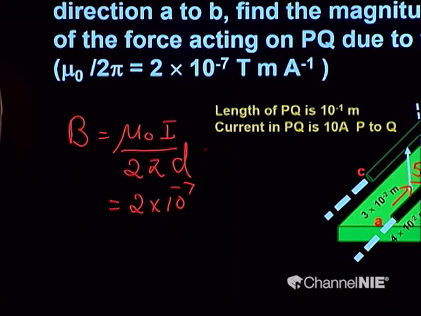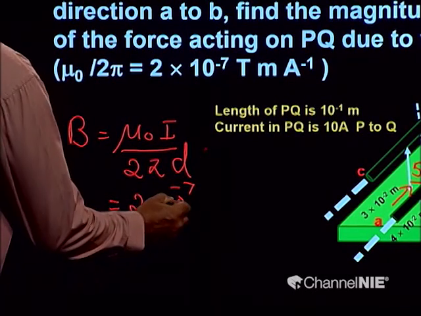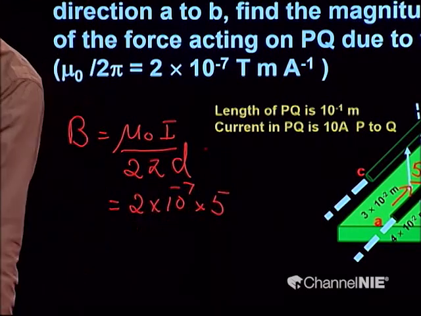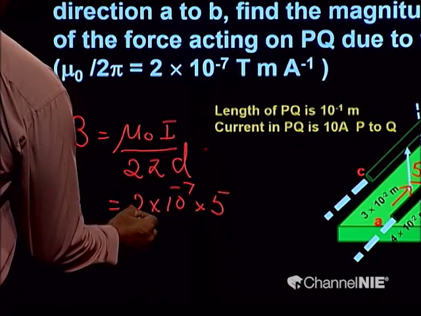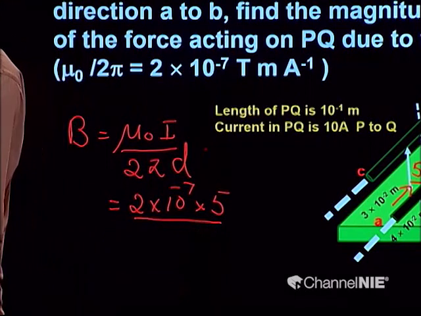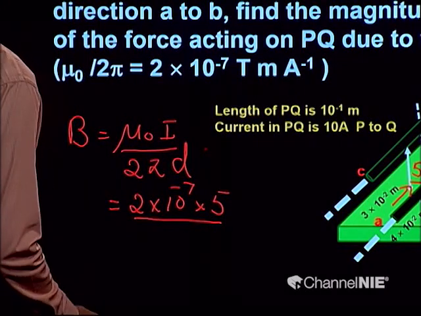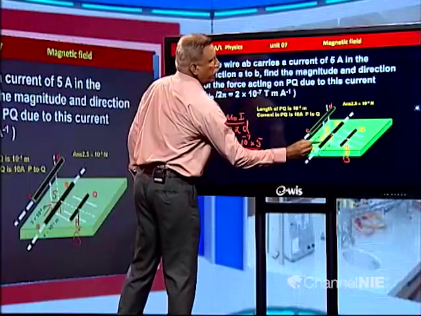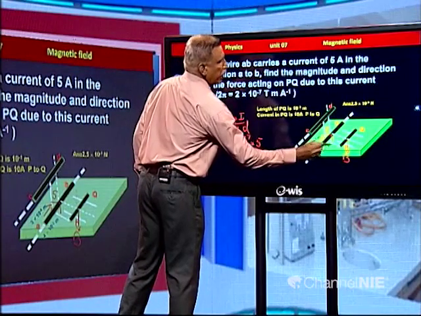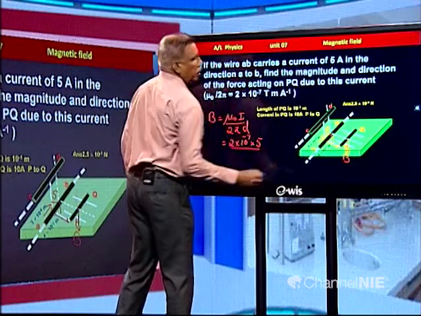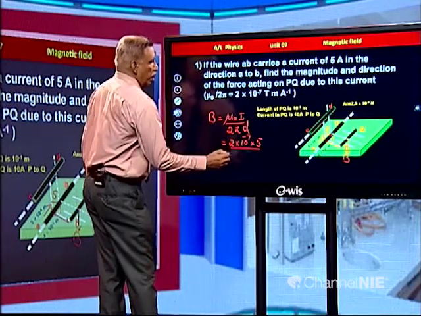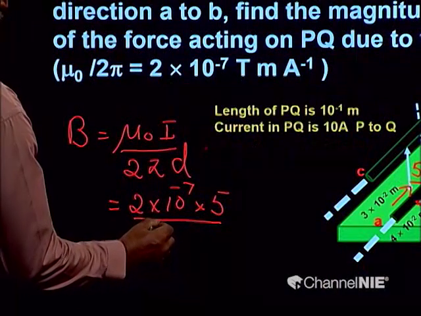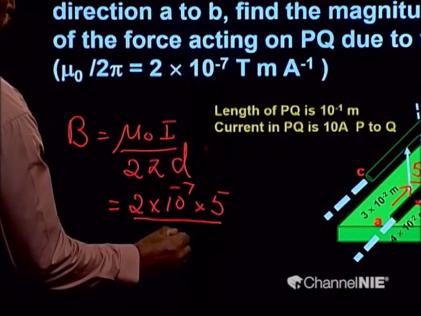So, I is 5 ampere and d is equal to 4 into 10 to the power minus 2, which is the distance between AB and PQ. Okay.